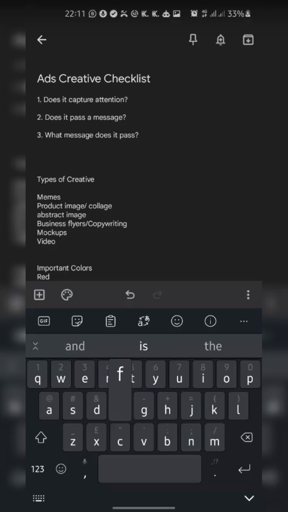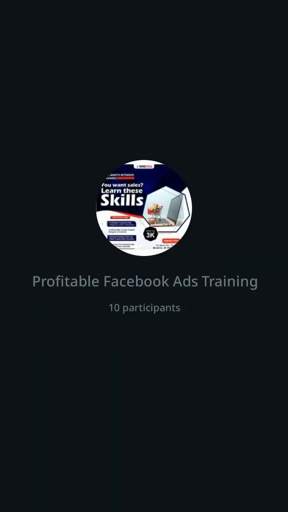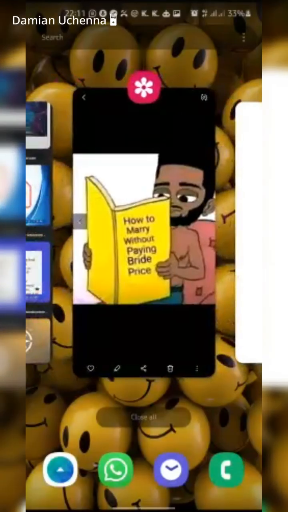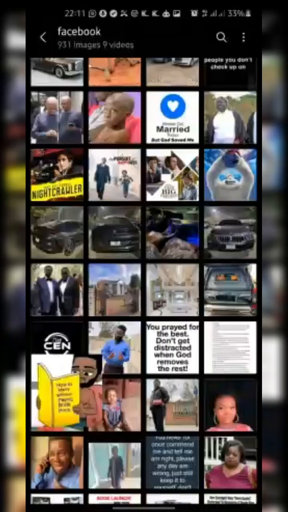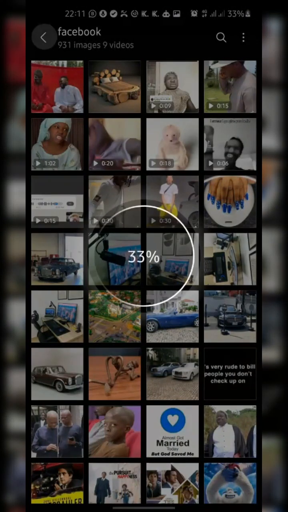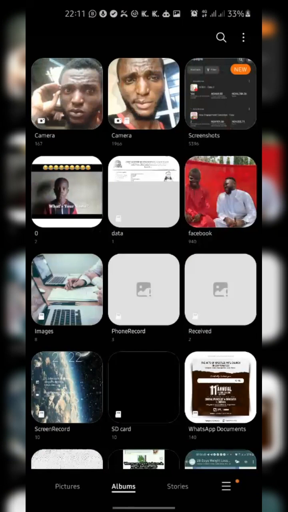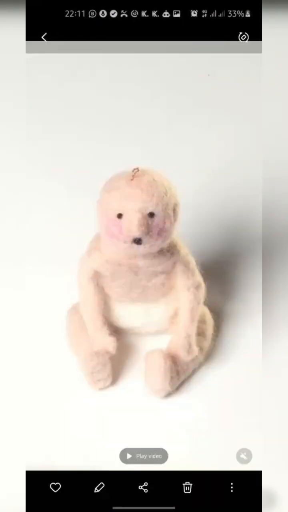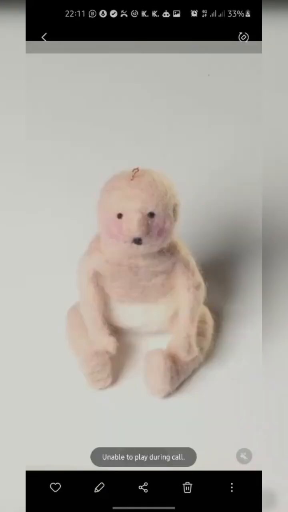I don't know, but this is the best word I can put it. The copywriting flyers are basically flyers that have your copy in them. Even if you don't have an ad copy there, this thing is a very nice creative.